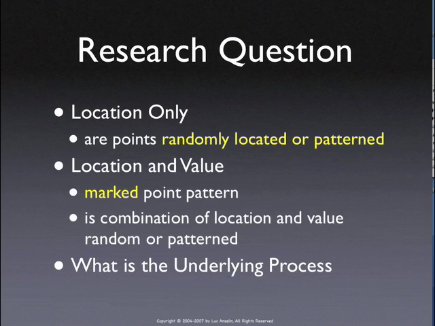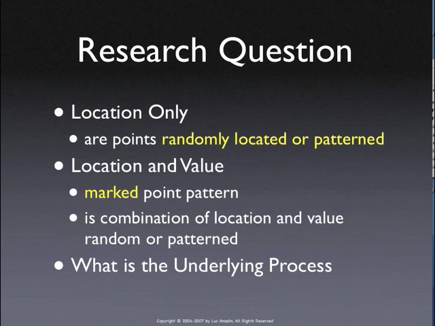That's one situation. The second situation is when we have more information, where we have both the location as well as some magnitude associated with that location. And the classic examples, as we'll see in a few minutes, are tree patterns, where you have both the location of the tree and the size of the trunk of the tree. So then you're interested in modeling not only where these trees are, but also how big they are.